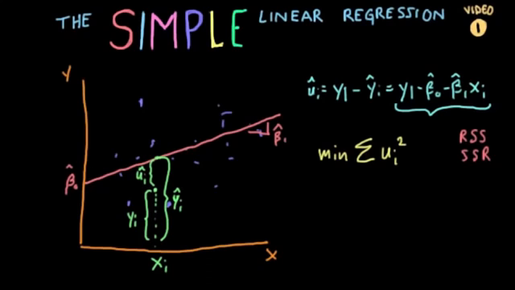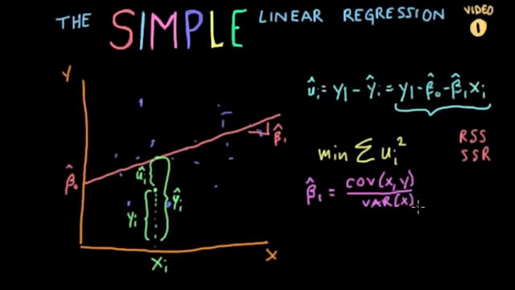And so when we minimize this sum of squared residuals, we're essentially trying to get the best line in our regression. And when we do that, we're not going to go into the full derivation of the coefficients, but in OLS we obtain a beta 1 hat equal to the covariance of x and y all over the variance of x.